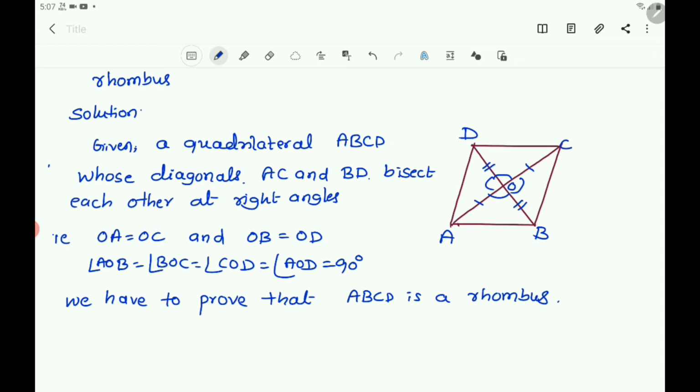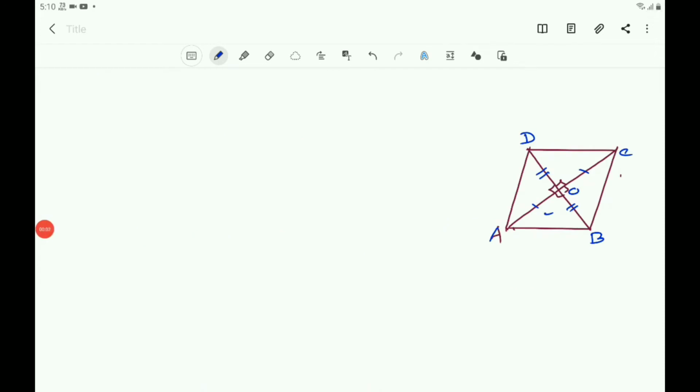Now you take the triangle OAB and triangle ODC. In triangle OAB and triangle ODC, it is given that OA equals OC and also OB equals OD.